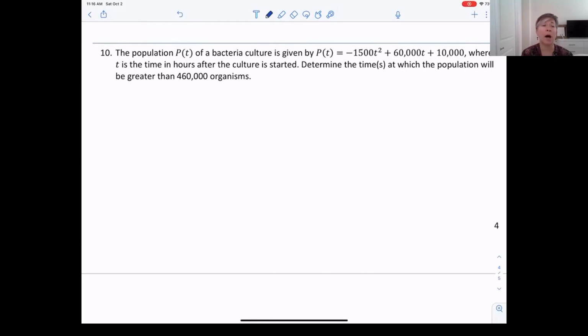So now we have a modeling problem where we have the population P of T of a bacteria culture given by the function P of T equals negative 1500 T squared plus 60,000 T plus 10,000, where T is the time in hours after the culture started.